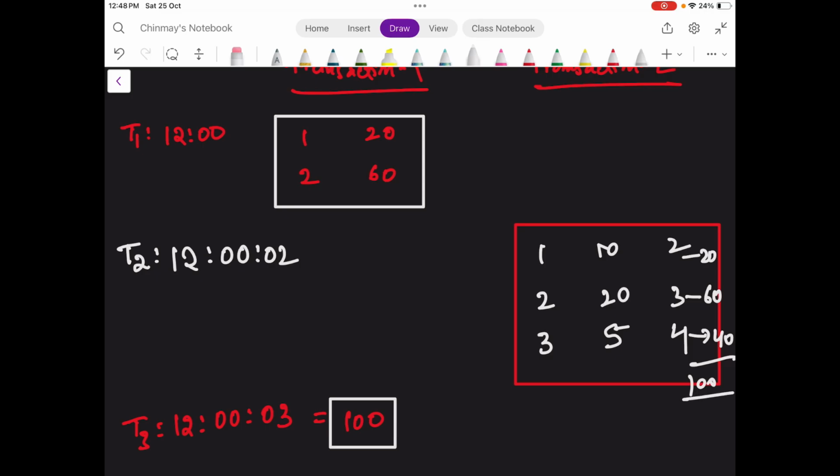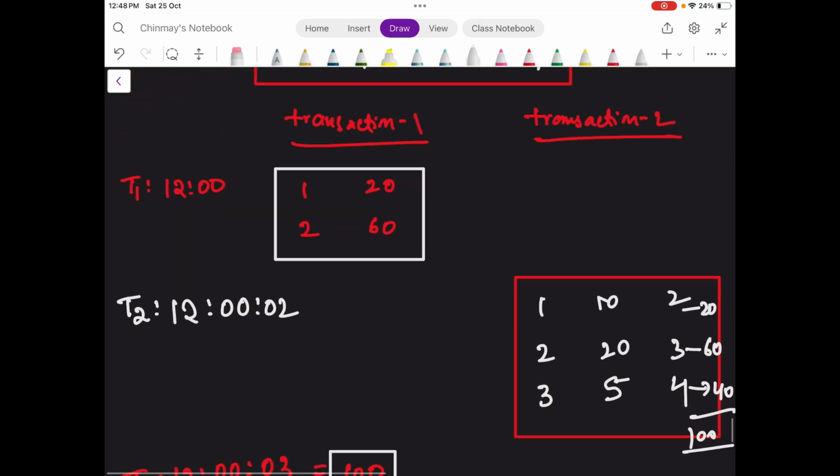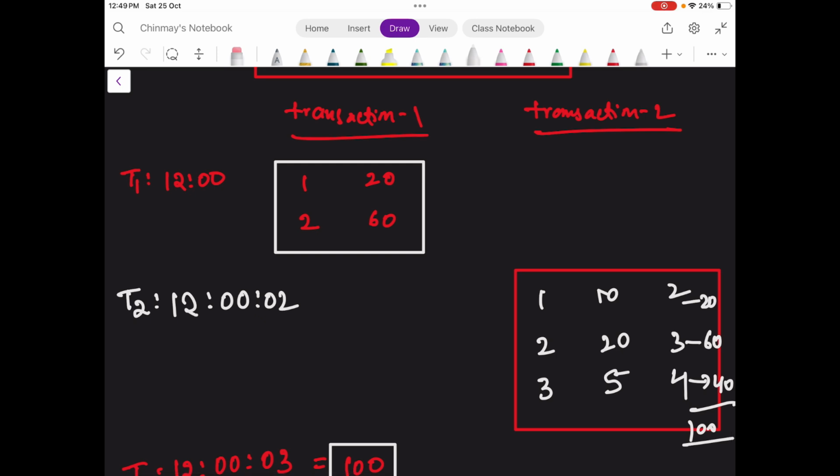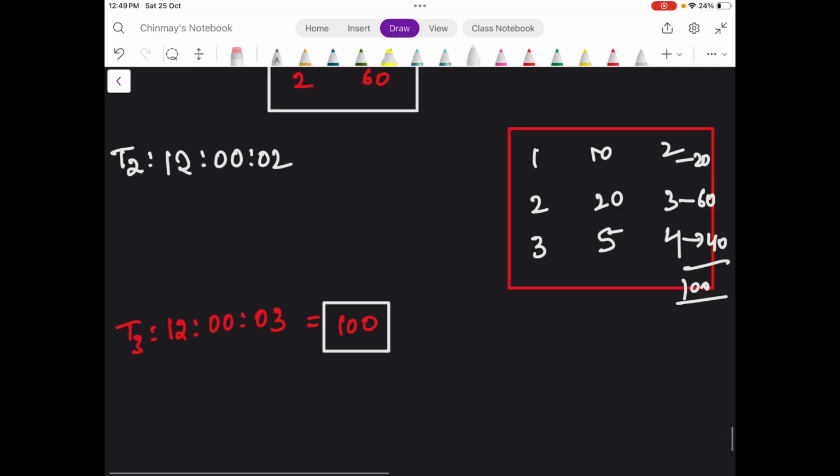Total it gives 100. This 100 will be shown in transaction 3. There is ambiguity, right? For transaction 1, the first statement gives a listing of only 2 items, and then it gives a total amount of 100. Transaction 2 is committed immediately, at T2 itself.